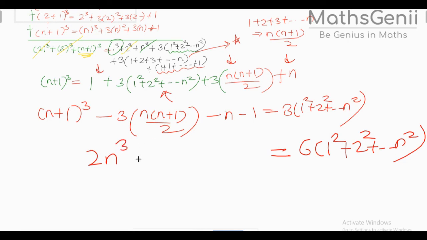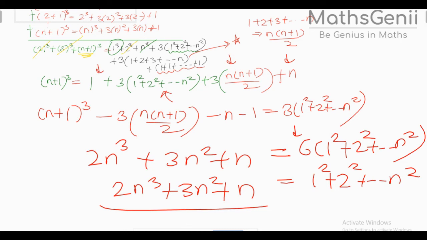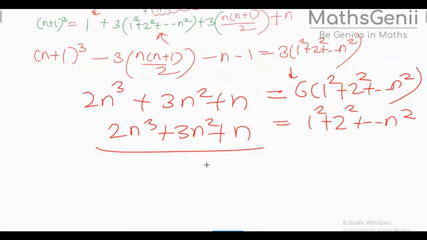So 2n cube plus 3n square plus n, so you will be left with this. So this is what I want to find, 1 square plus 2 square till n square. So 6 is of no use, so let's bring it here. 2n cube plus 3n square plus n upon 6. Again I'm just writing it as s for now.